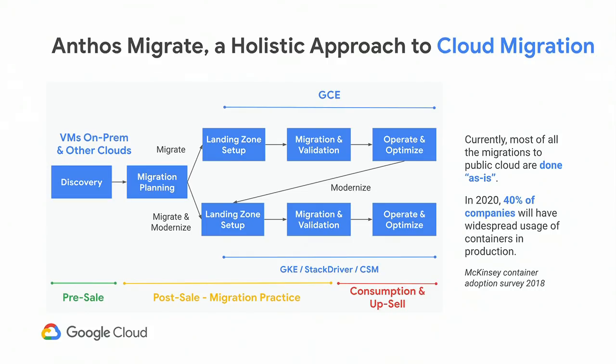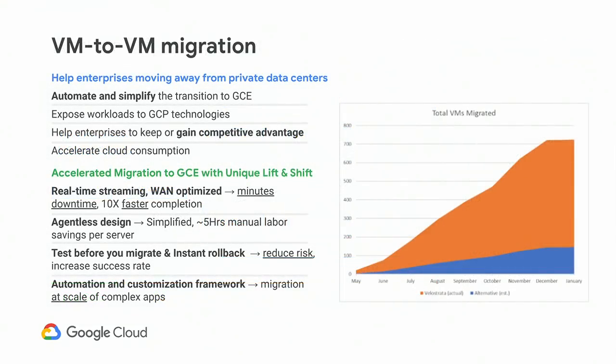So that's our lift and shift technology. And the bottom one is our way of doing that with GKE. So similar processes, but we can adapt the journey to where you are. And this is what we offer you with our software, Anthos Migrate.